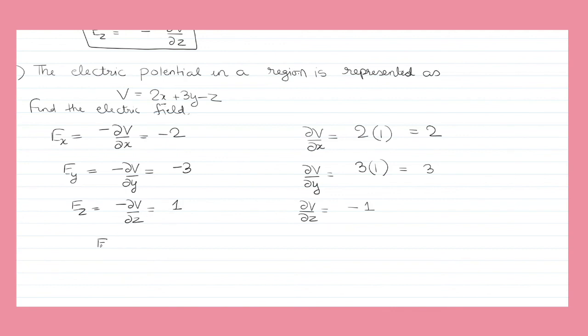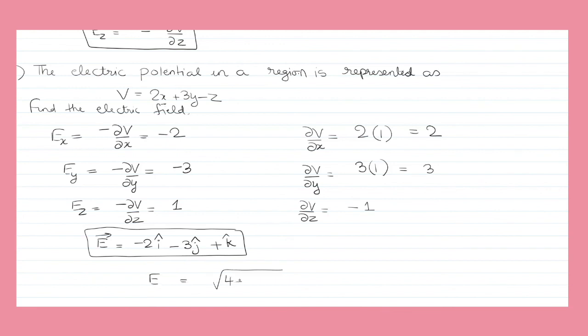So E will be minus 2i cap minus 3j cap plus k cap. And if I have to find the magnitude of this electric field, I can write the square root of 4 plus 9 plus 1. So it will be the square root of 14.